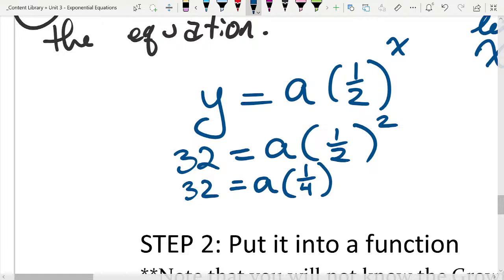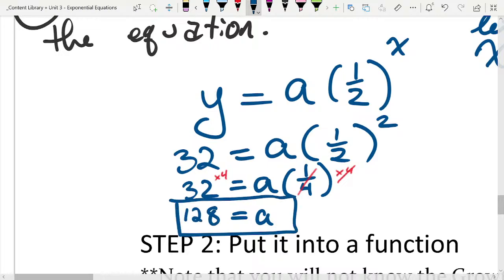What's the opposite of multiplying by a quarter? Dividing by a quarter, or we could just say multiplying by 4. Does that make sense? If we multiply this by 4, it goes away, right? If I do that to one side, what do I have to do to the other? Multiply 32 by 4, and we would end up with a equals, what's 32 times 4? 4 times 3 is 12, so 120. 4 times 2 is 8, so that should be 128. Does that make sense?